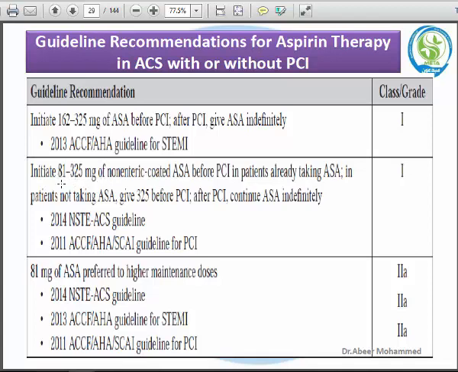If the patient is not taking aspirin at all, he will take a higher dose, 325 milligrams, before PCI, after PCI, and indefinitely for life. For indefinite treatment, 81 milligrams is preferred, because higher doses for maintenance use have other side effects like GI irritation.